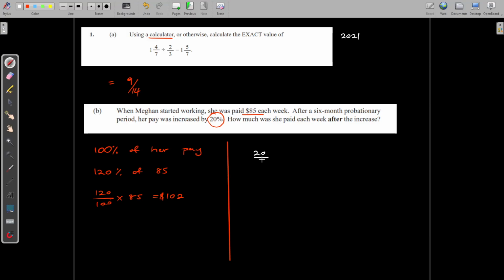So 20% of 85 is what? So $17, and we'll just add it. So $85 plus 17, $102. So you have option 1 or option 2. Whichever way you choose, same result, same marks, same everything.